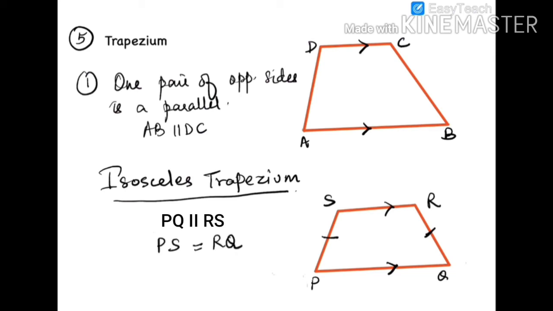And related to isosceles trapezium, we can show that angle P will be equal to angle Q and angle S will be equal to angle R. We are going to prove this later in the chapter, as it is a question given in the exercise.